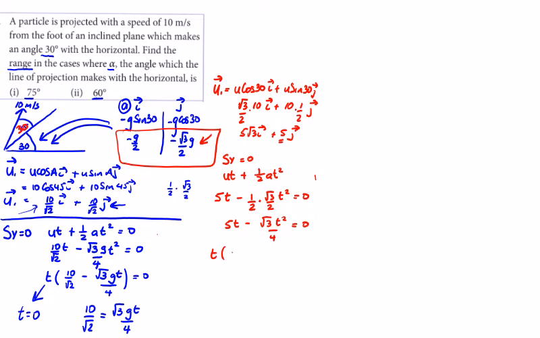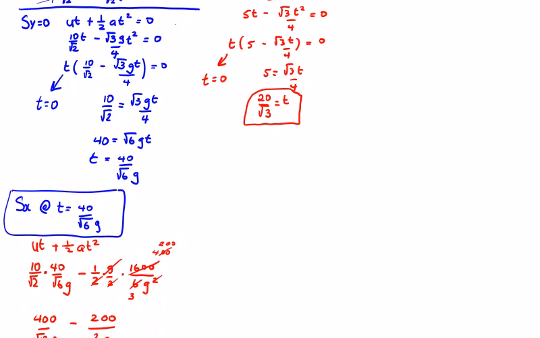Factor out your t to get 5 minus root 3t over 4 equals 0. So this is my initial time equal to 0, and here I'm going to get 5 equal to root 3t over 4. So 20 over root 3, cross multiplying, is the time taken to get there when the angle of projection is 30 degrees with the incline.